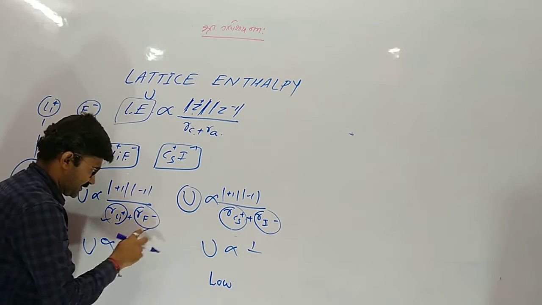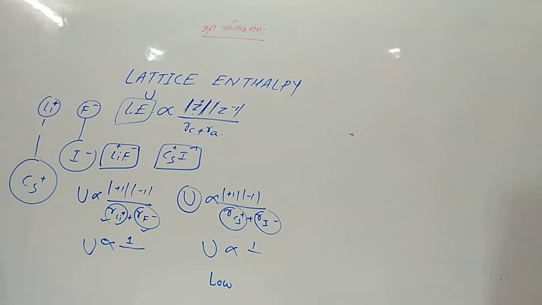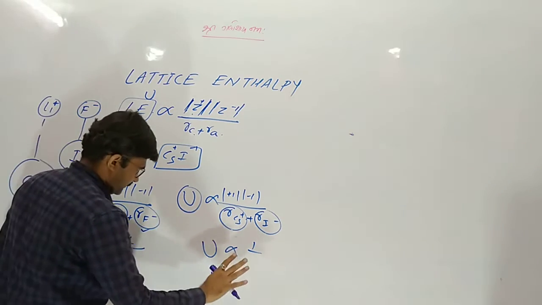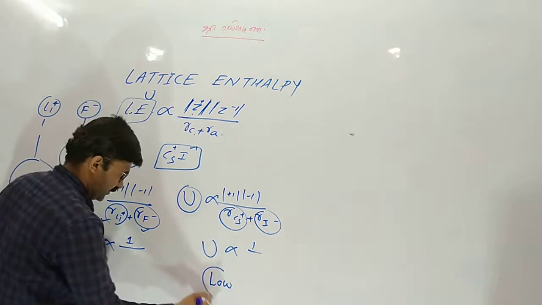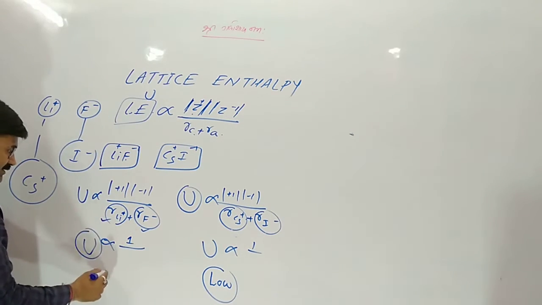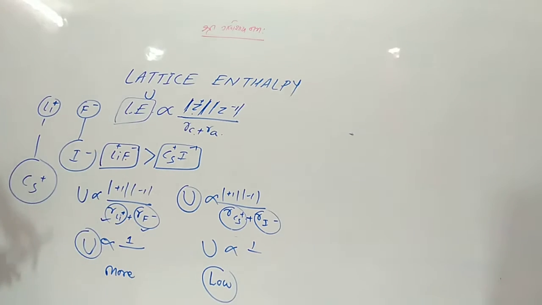Here the radius is low, and the upper part is the same. No calculation is needed. Roughly, the upper part is 1 in both, so where the radius is more, lattice enthalpy is low, and where the radius is low, lattice energy is more. So lithium fluoride has more lattice enthalpy.